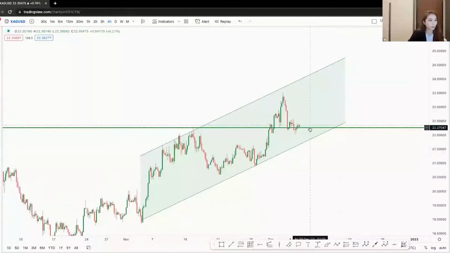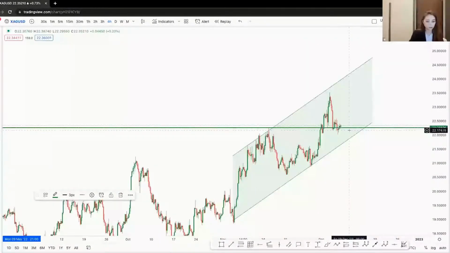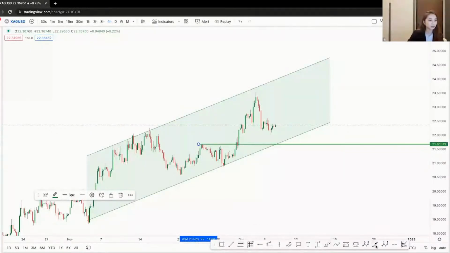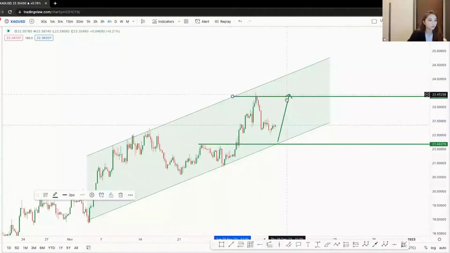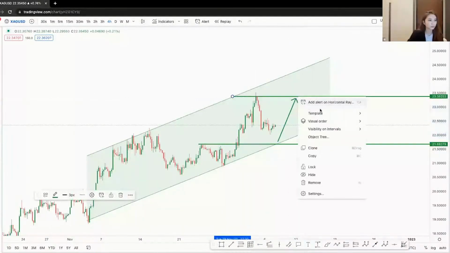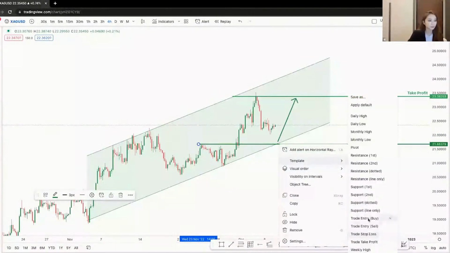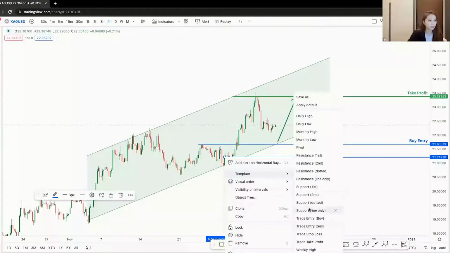So in my viewpoint, I would choose to remove this. I am seeing another level over here instead. Seeing an upward movement bounce off. And I would like to keep my stop loss slightly closer.